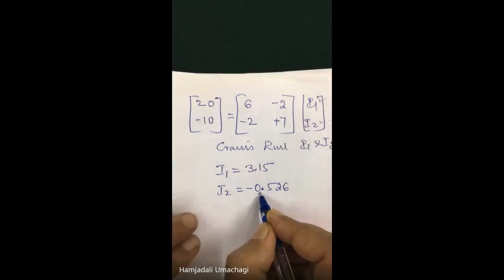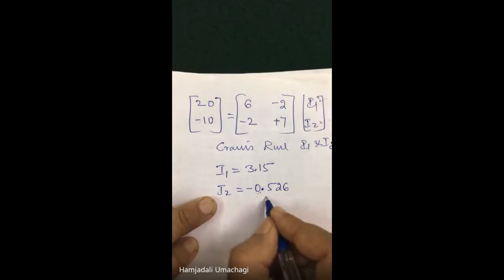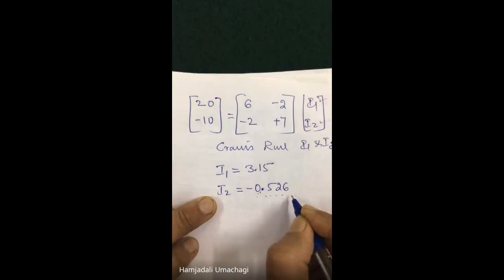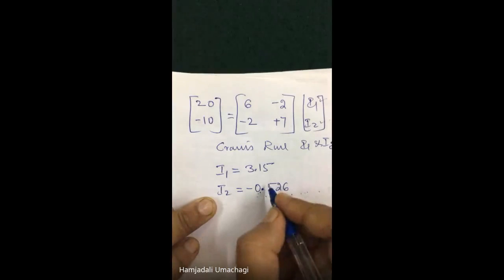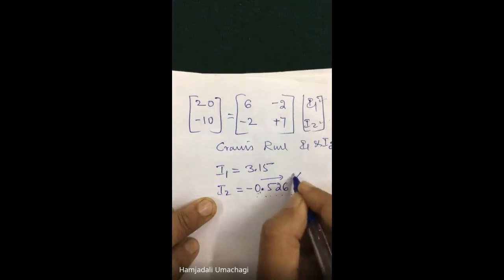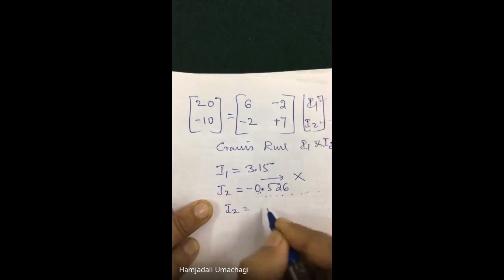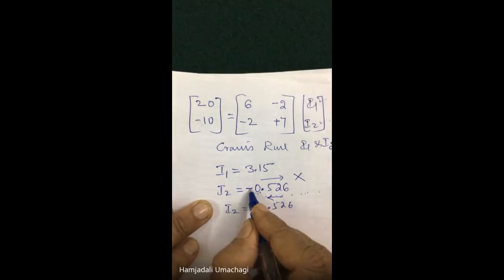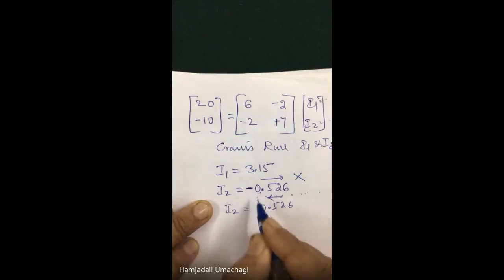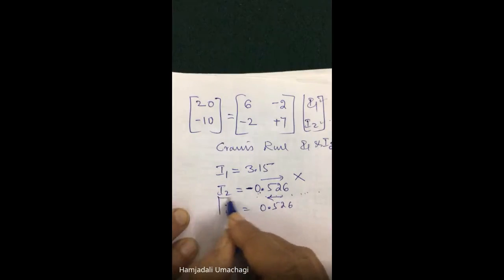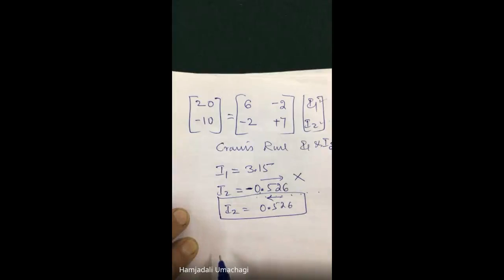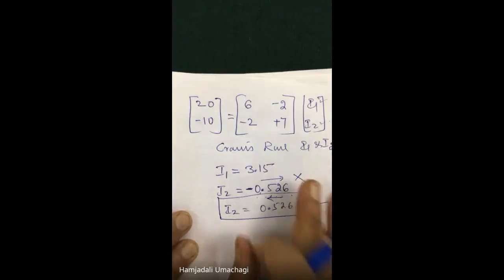So you have to write that the assigned direction is wrong in the circuit diagram, but the actual direction is not this direction, it is this direction. While correcting, we should not take the negative sign. This is the actual direction of the current. This is one answer. Just keep it like this only.